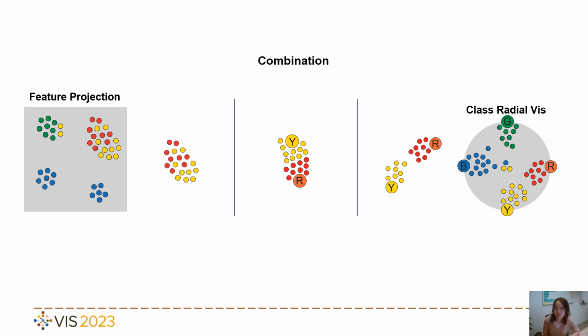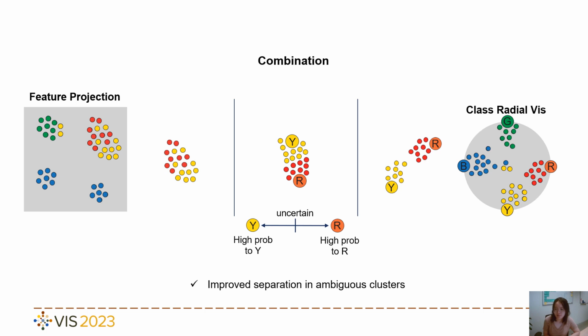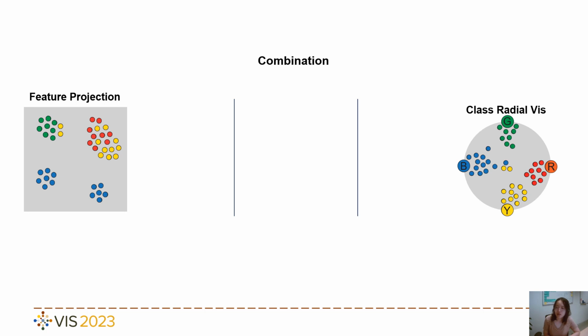But beyond merely putting instances of the same class together, the most uncertain instances are dragged toward the edge where different class groups meet. Notice the yellow points. They look like the green ones in terms of features, but they are of class Y, so we expect these yellow points to move away from the main clusters in the combination view.